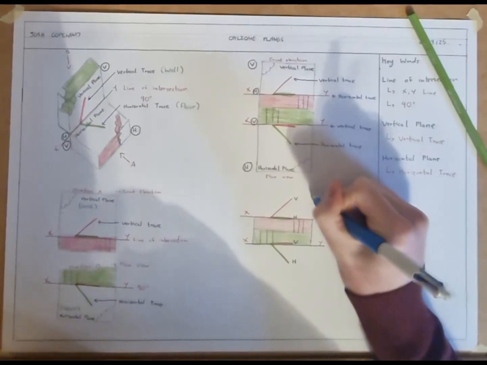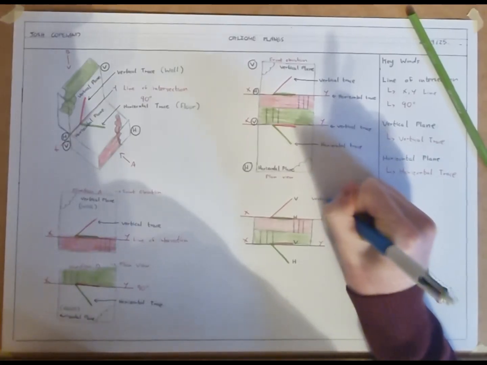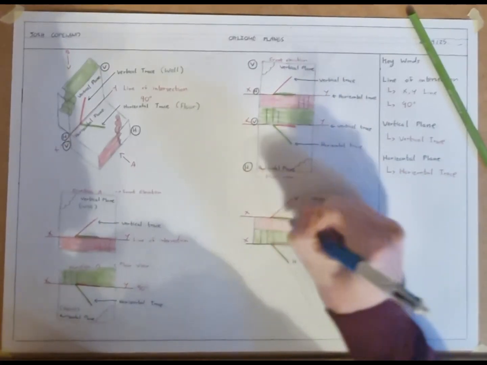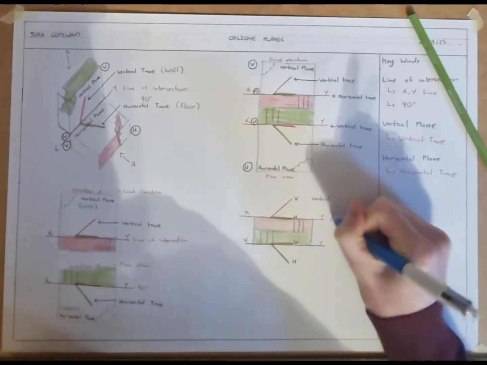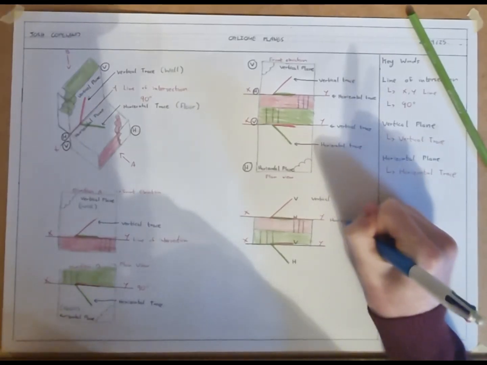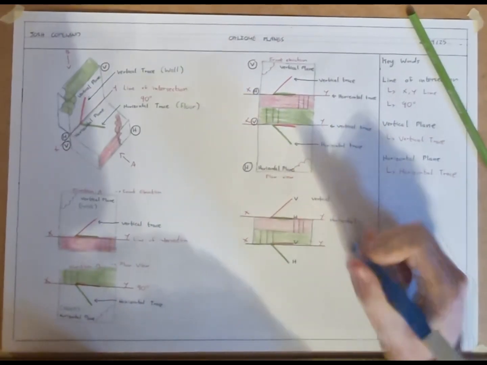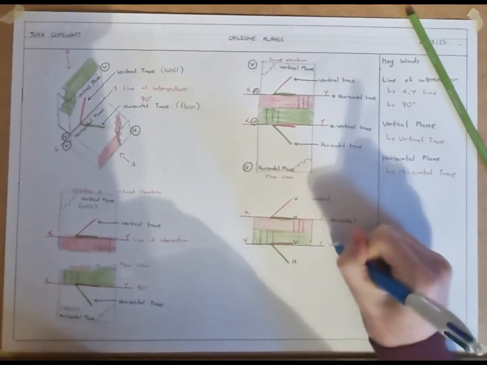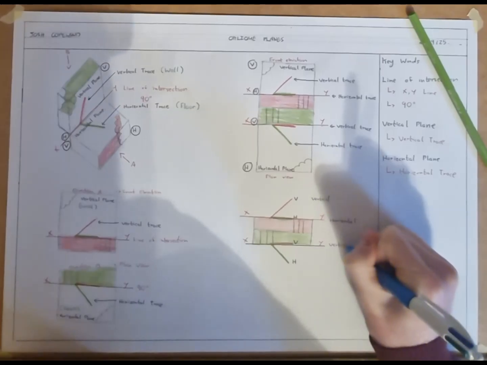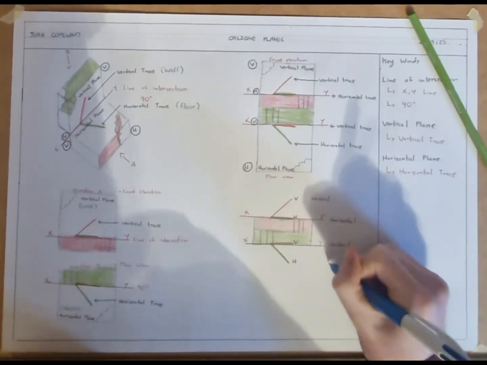So V for vertical. The horizontal trace lands on the XY line. In the plan view, the vertical trace lands on the XY line. And then the horizontal plane.